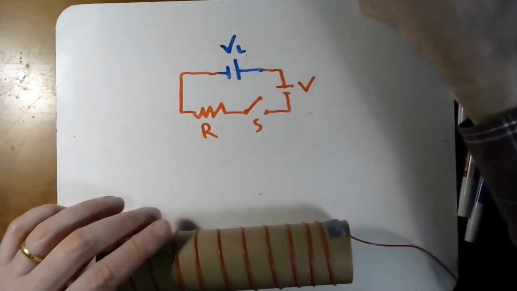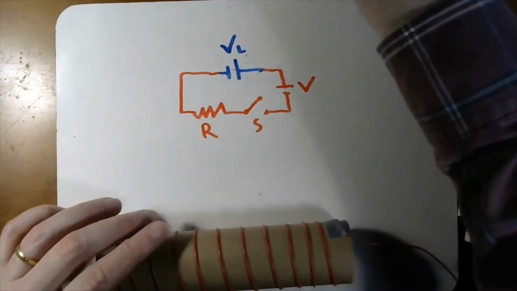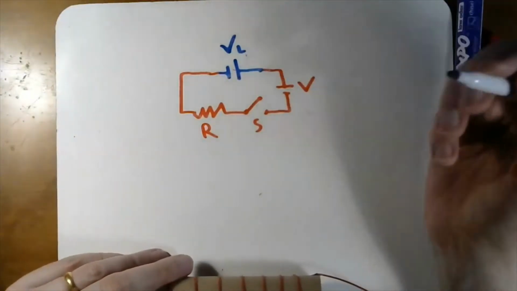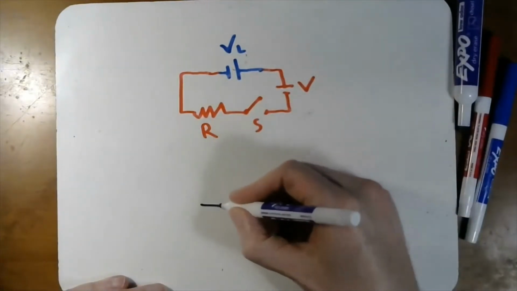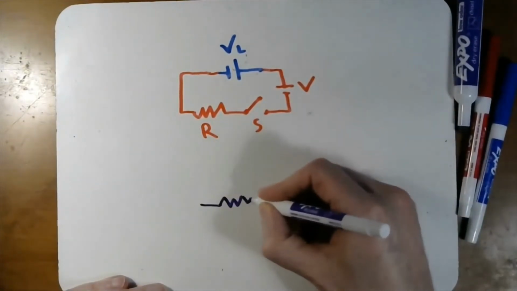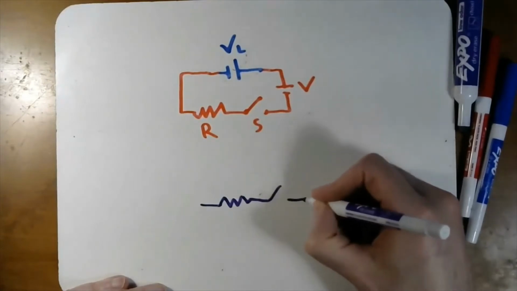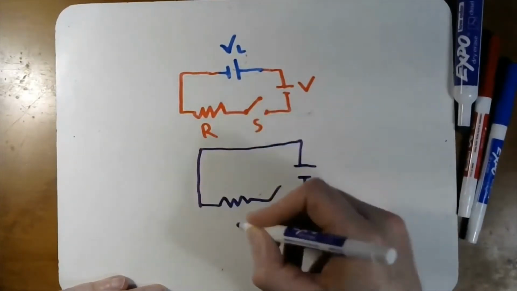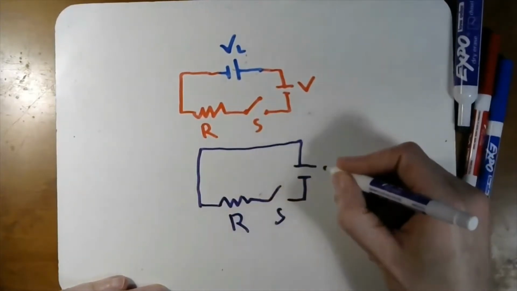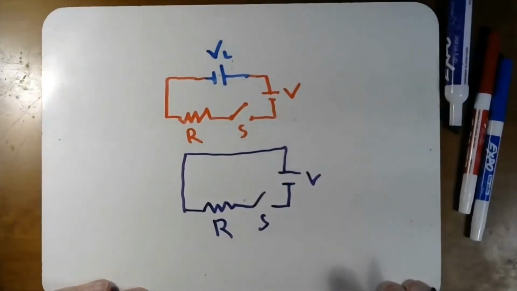Now, normally, if we didn't have the inductor in the circuit, what would we have? The circuit would look like this.